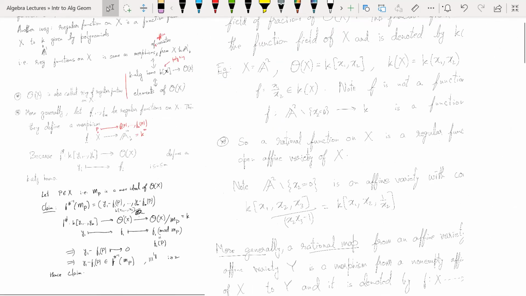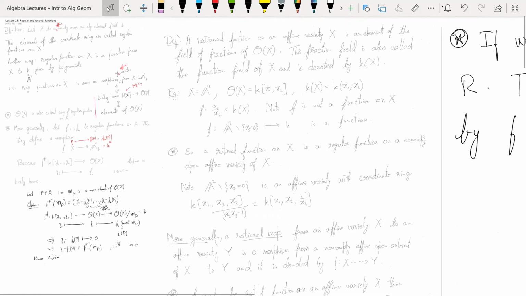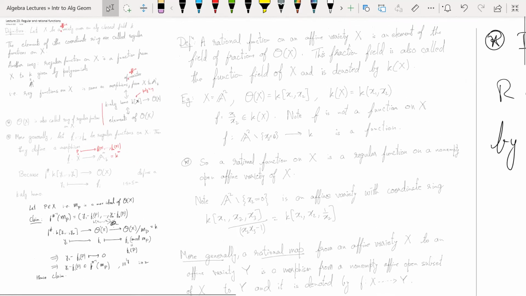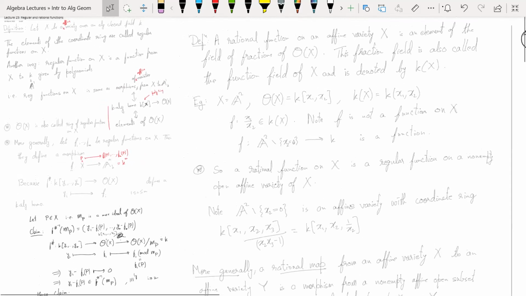So now, there is a slightly more general notion which is called a rational function on an affine variety. So we'll talk about that.